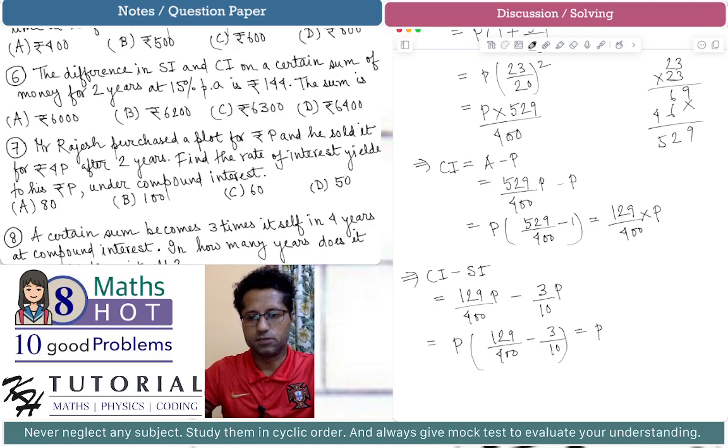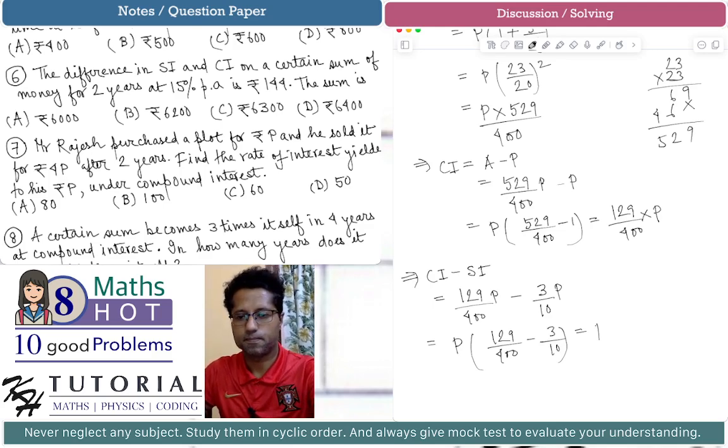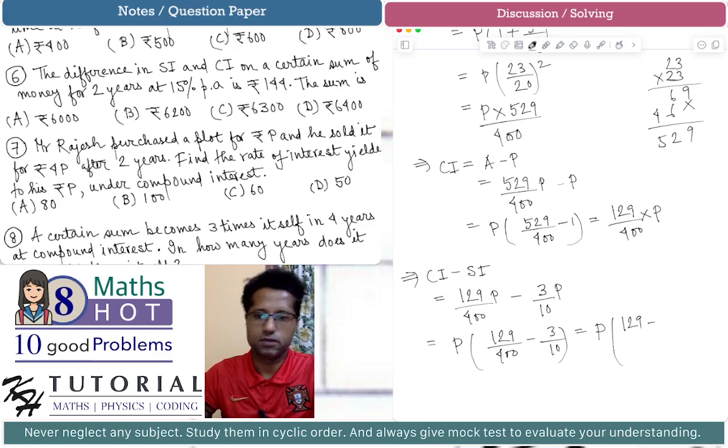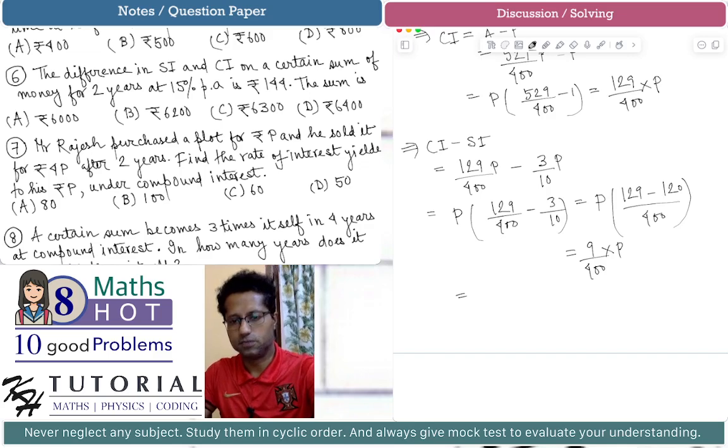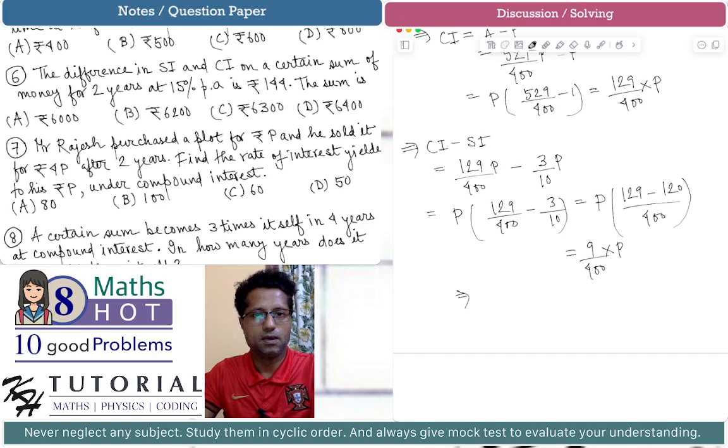After simplification this will be 129 minus 120, divided by 400. This is equal to 9 by 400 multiplied by P. This is the difference, and the difference is given to be 144.